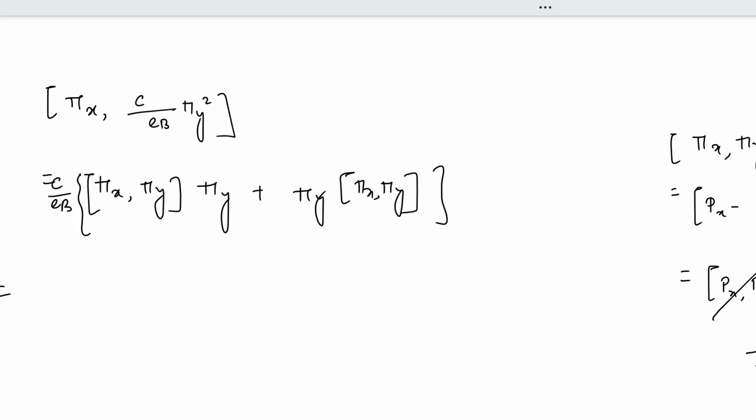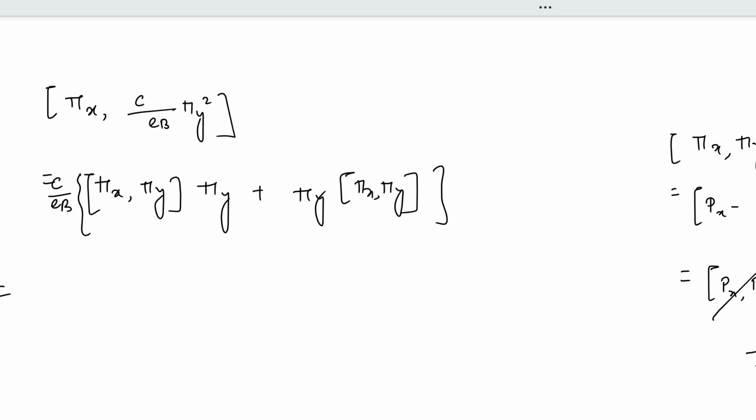Now this thing you have obtained, that this is equal to minus e by c. Then you break up this commutator relation: Px Ay minus Ay Px, then Ax Py minus Py Ax.